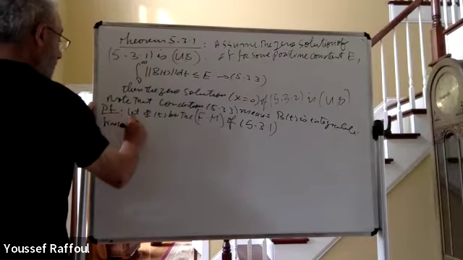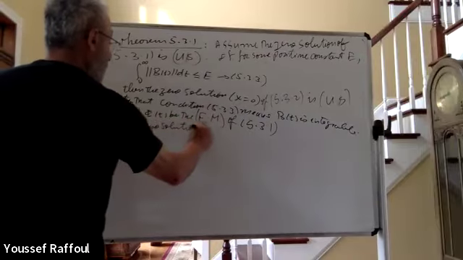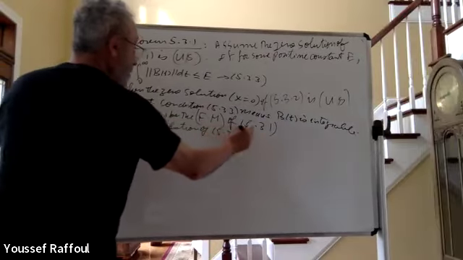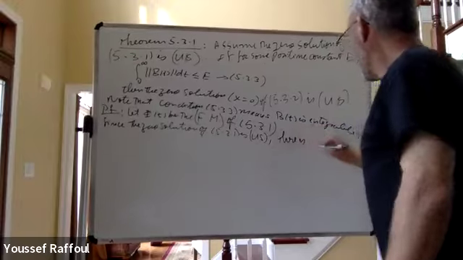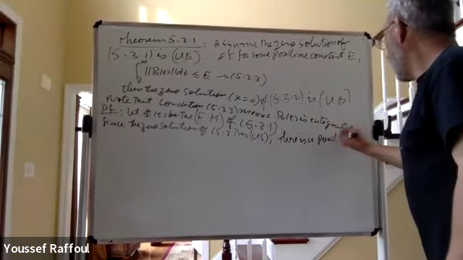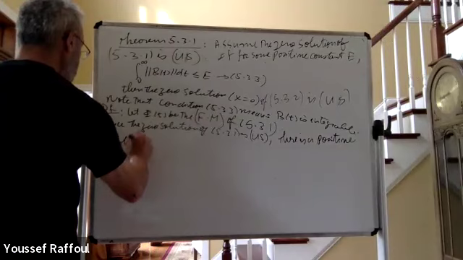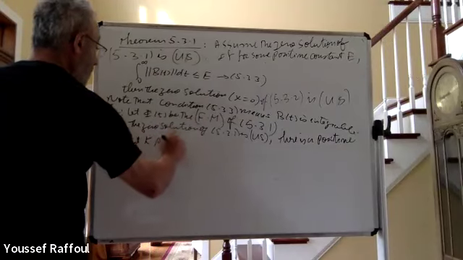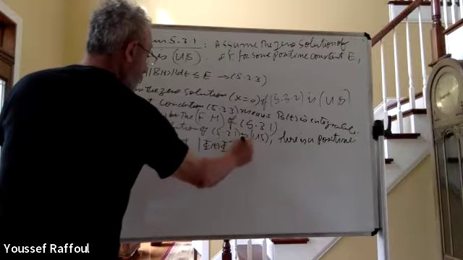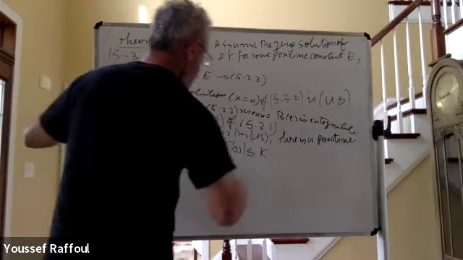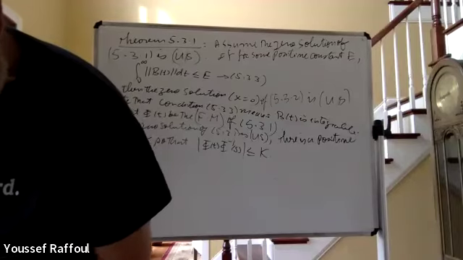Since the zero solution of 5.3.1 is uniformly stable, there is a positive constant K so that the norm of phi of t times phi inverse of s is less or equal to K. This is what it means. This is by a previous theorem. Okay?